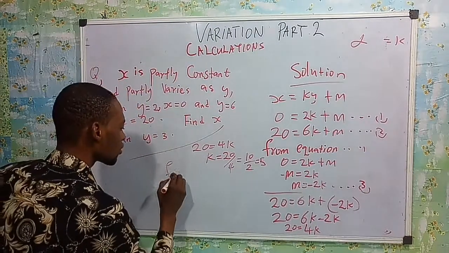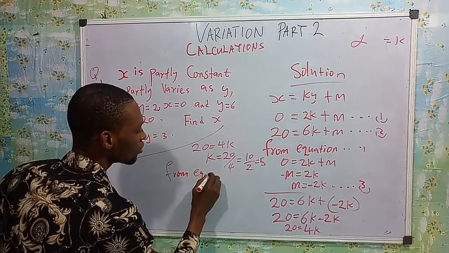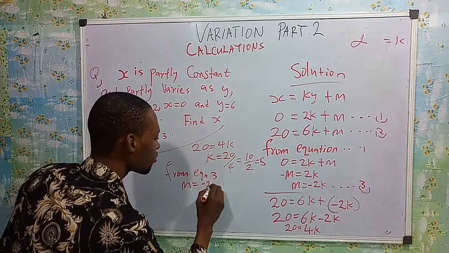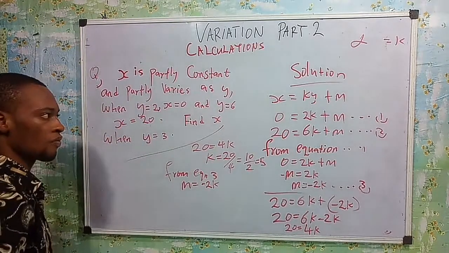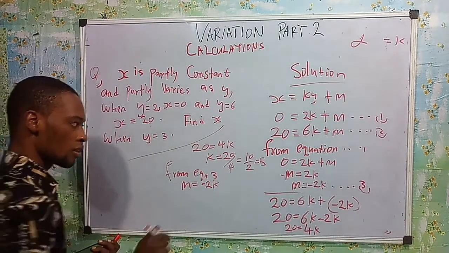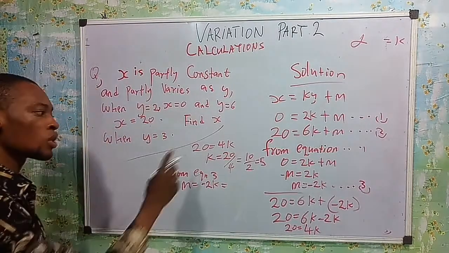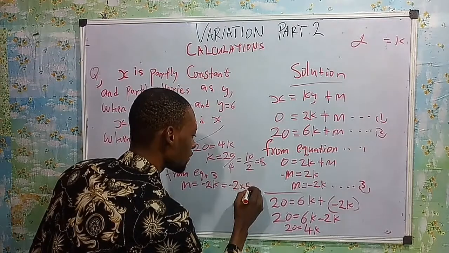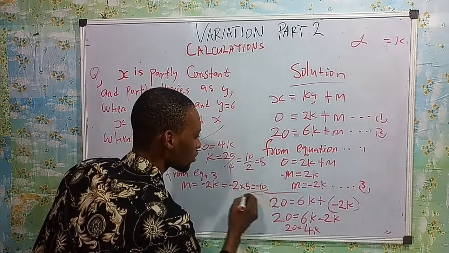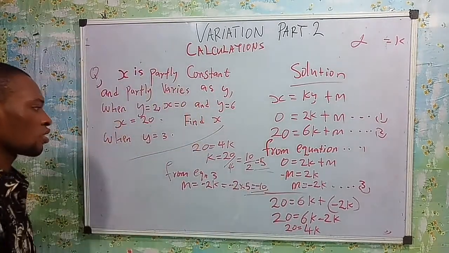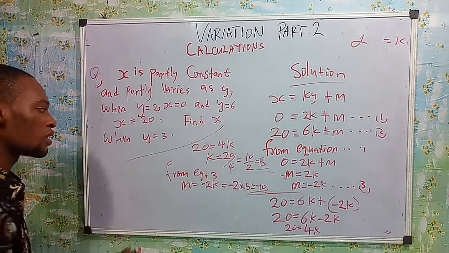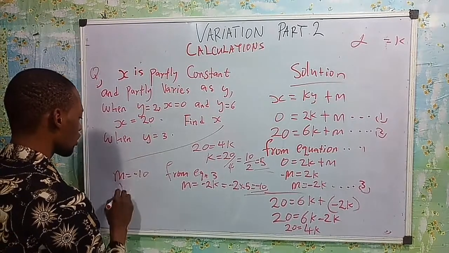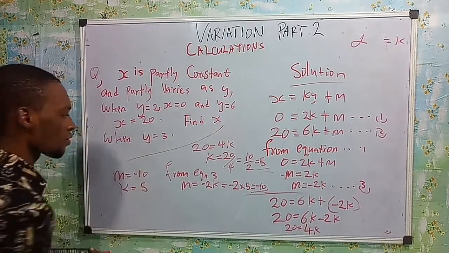From equation 3, m equals minus 2k. But k equals 5, so m equals minus 2 times 5, which is minus 10. So we've gotten m and we've gotten k. So m equals minus 10, k equals 5.